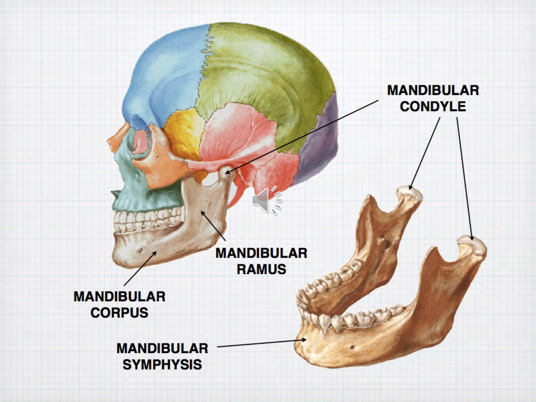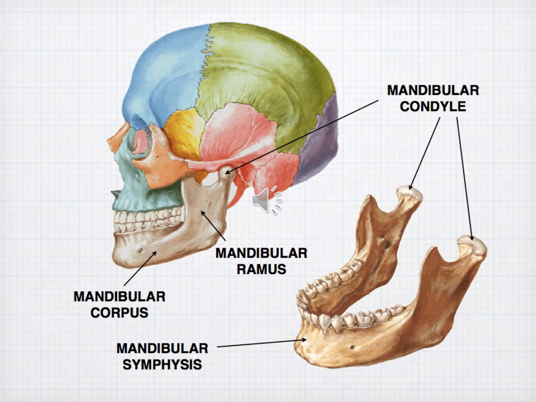The mandibular ramus and the most lateral edge is known as the gonial angle. And at this point, you'll typically see a much more lateral extension of the mandibular ramus in the inferior aspect.